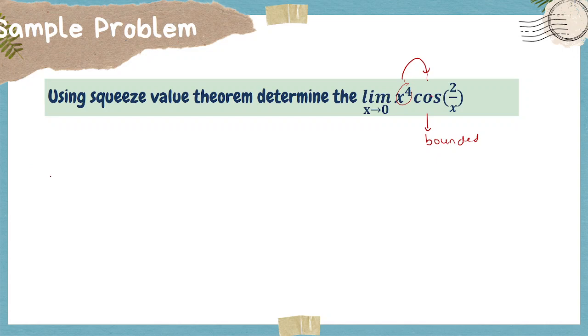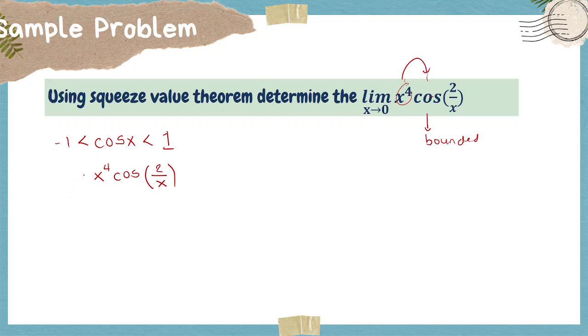Now, what is the maximum value of cos x? Maximum value is 1, and the range is -1 to +1. But since the middle function is x raised to 4 times cosine 2 over x, we would have x raised to 4. How are we going to simplify this inequality while maintaining the property of -1 to 1?